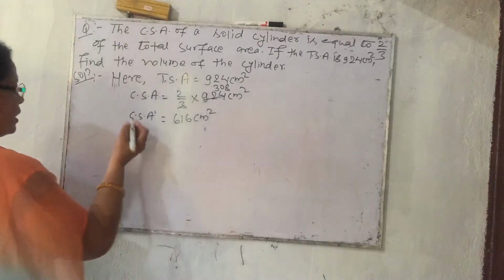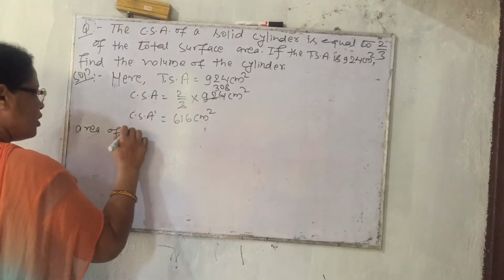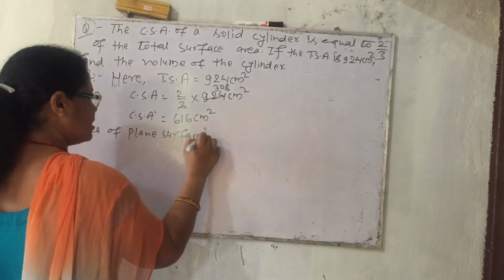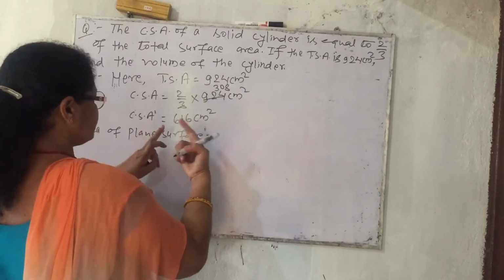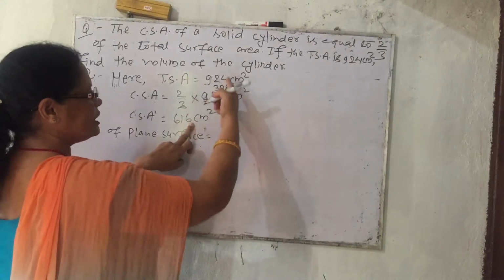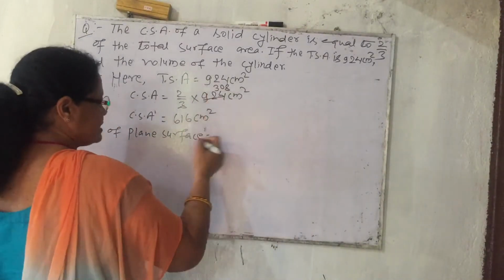After that, the area of plane surface equals how much? If we subtract this curved surface area from total surface area, then that will be the plane surface area.